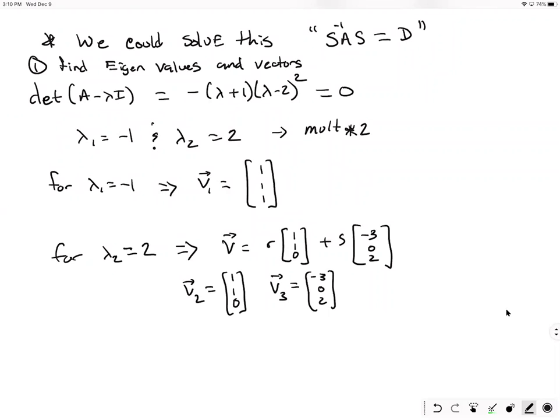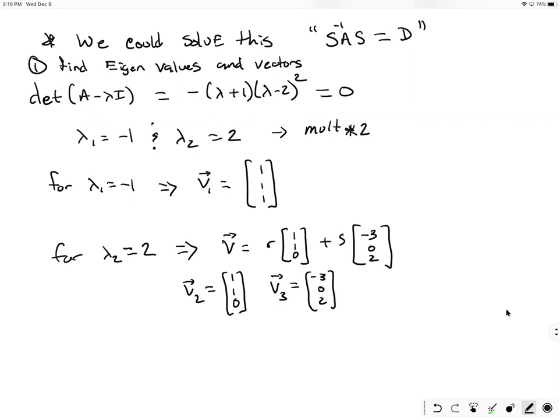So I have my 3 eigenvalues, minus 1 and 2 repeated twice. Then I found the corresponding V1, V2, and V3 that are eigenvectors.